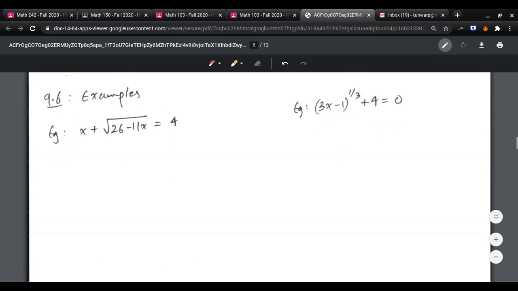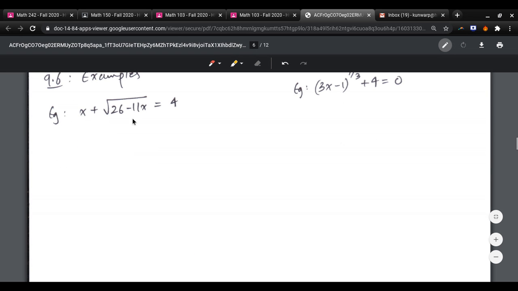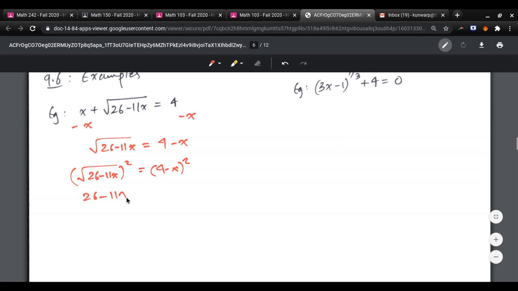Let's look at some more different kinds of examples. Now in this case, there is an x term in the radical and outside. So the strategy for this is to isolate the radical. Once you've isolated the radical, you can square it. When you square it, you're going to end up with an x squared term over here.